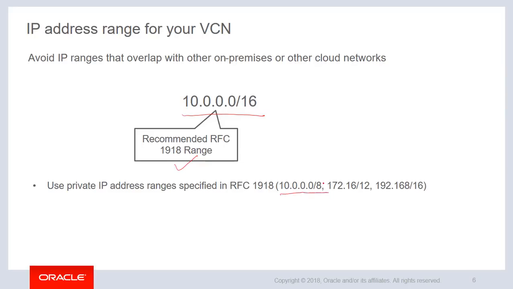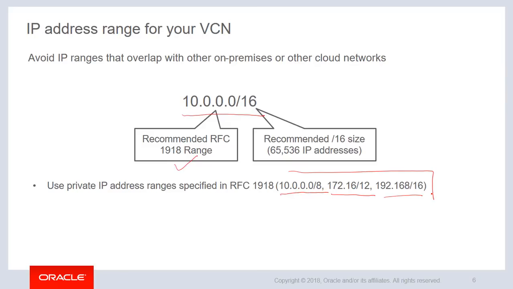So these are the values: 10.0.0.0/8, 172.16/12, and 192.168/16. These are the values we recommend. You could use another range outside this, but if you use a publicly routable range, it doesn't mean that your VCN will be publicly routable. It's still private, but if you have a really old publicly routable range, you could use that, but the guidance is always to use these ranges here.